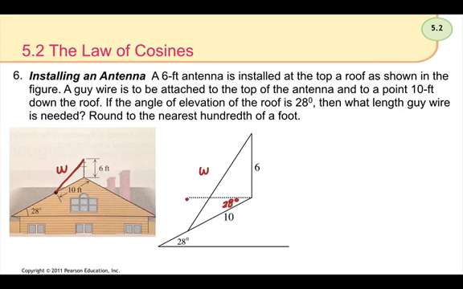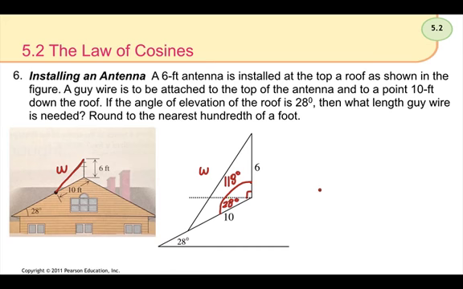In addition to that, this is horizontal, this is vertical, which makes this 90 degrees. So if I want to find the measurement of this angle here, it's going to be 118 degrees by simply adding the 2.